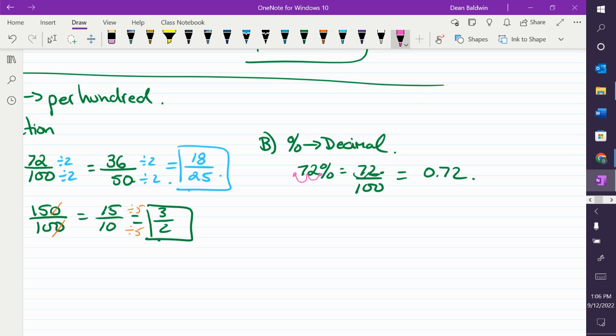If I have 36.4%, what does 36.4% become as a decimal? Just move the decimal 2 spots: 1, 2. 0.364.